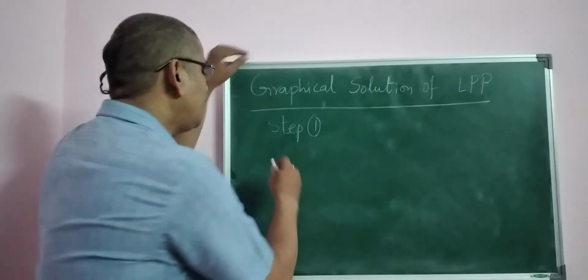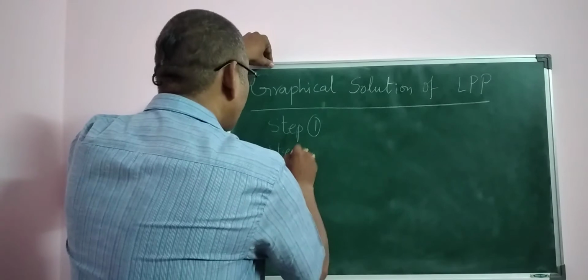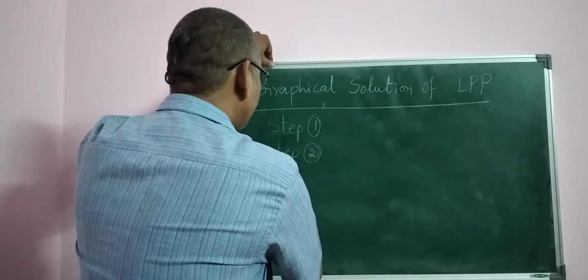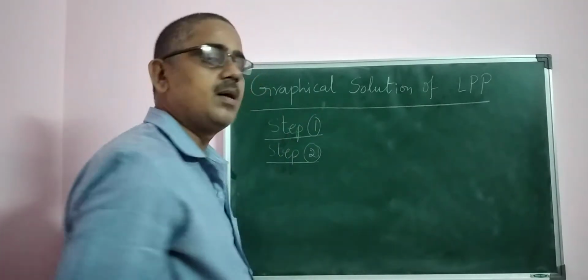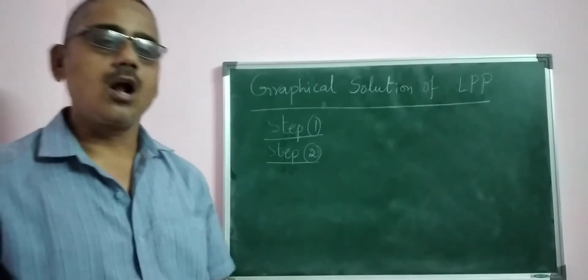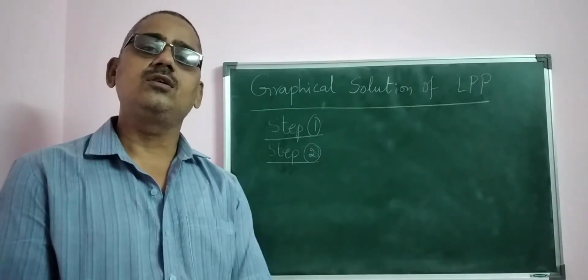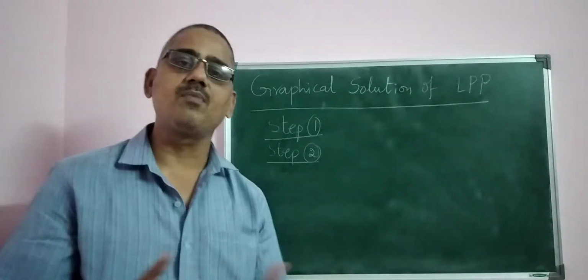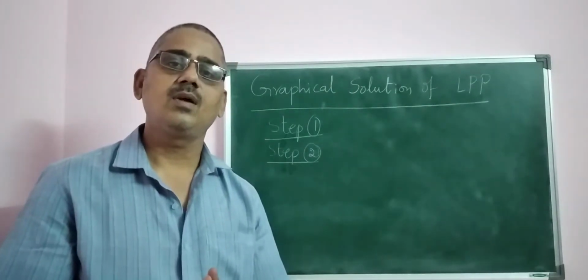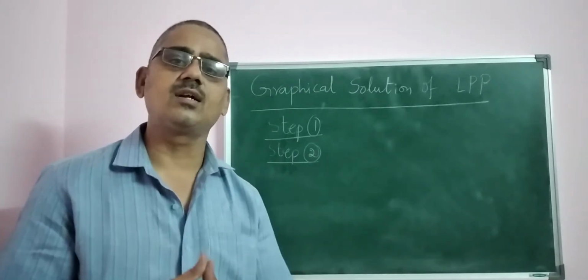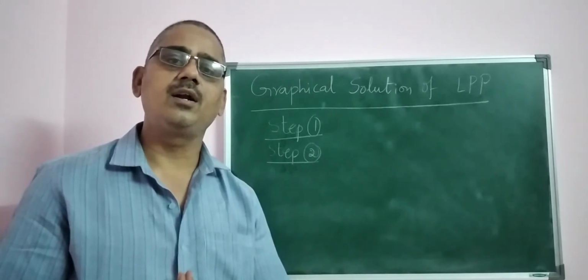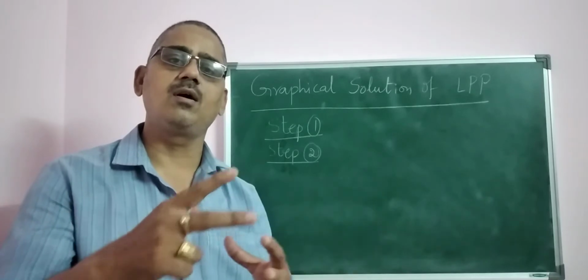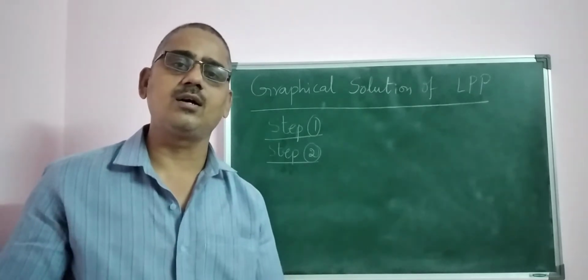After converting inequation into equation, step 2. What is step 2? Draw each equation of the constraint geometrically as a straight line in the graph paper. Take a graph paper and form the x-axis and y-axis, and take a suitable scale on the two axes.